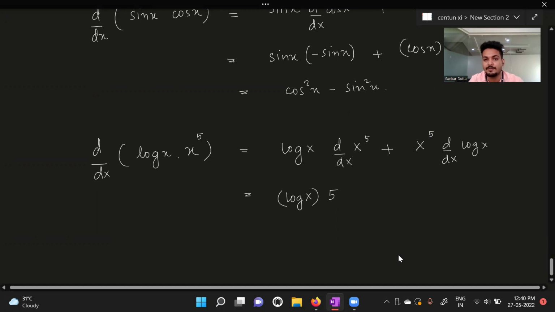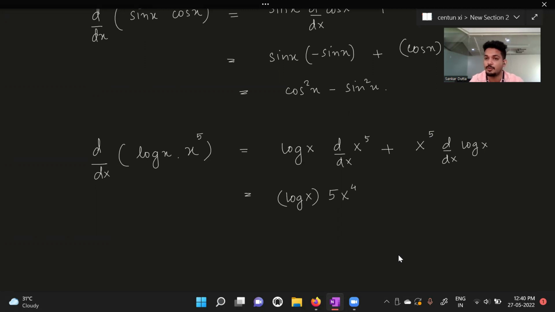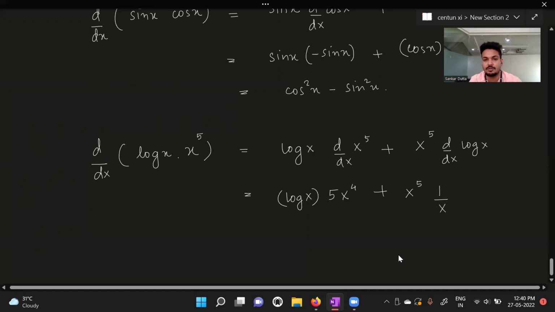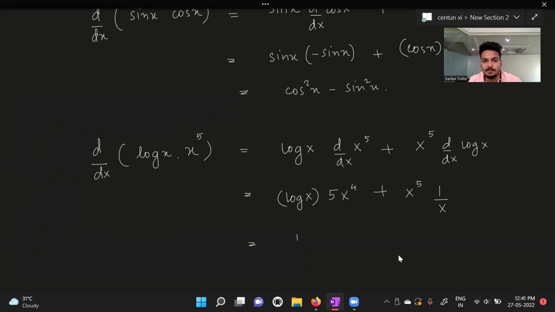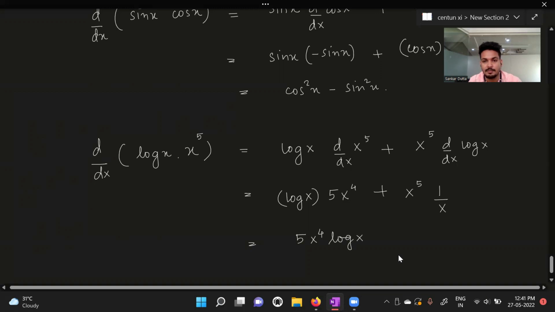This is simply 5 times x raised to power 4, right? Bring 5 down and then 5 minus 1 on top. Okay, and then plus x raised to power 5 as it is. Differentiation of log x is 1 by x. So if I simplify this, this becomes x raised to power 4. So this becomes 5 times x raised to power 4 log x plus x raised to power 4.